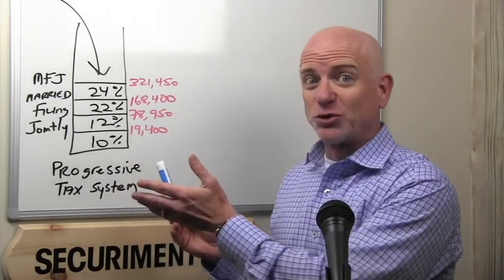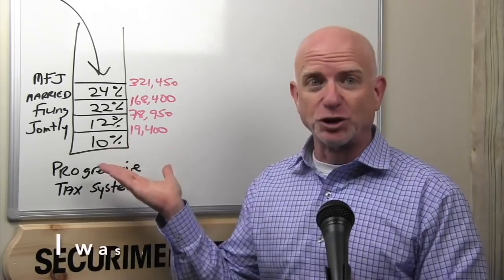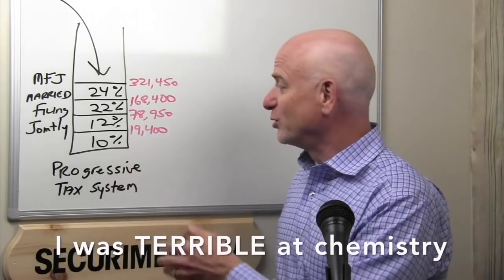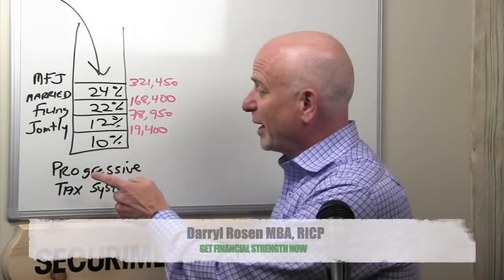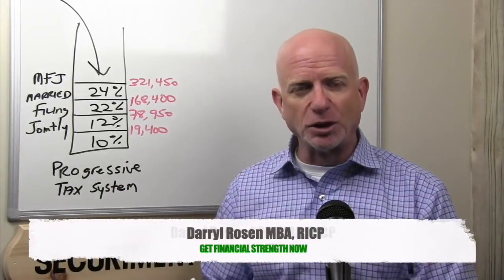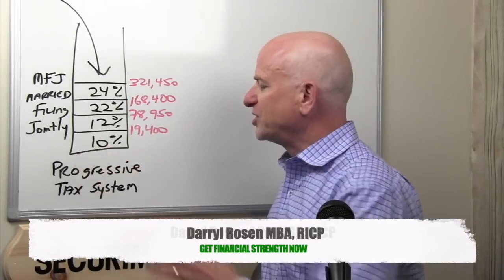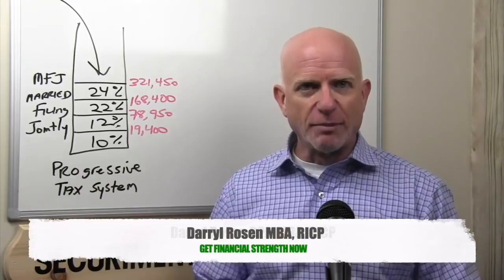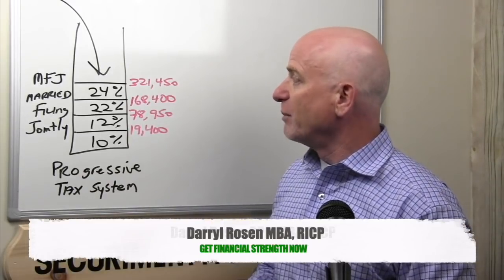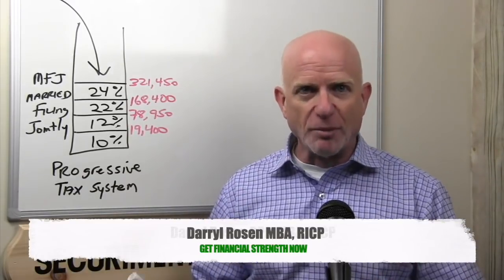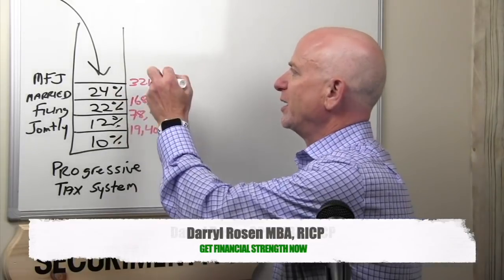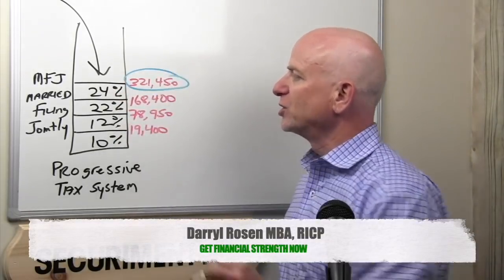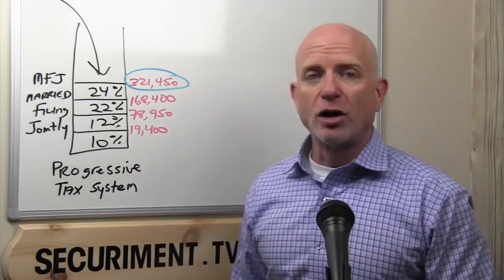This is a tax rate cylinder. You may remember this from chemistry class. I think you'll know as I start to explain it. We have what's known as a progressive tax system. We pay tax at different rates depending on how much income we have. So we pay some at 10%, some income at 12%, some income at 22%, some income at 24%. The upper limit of the 24% bracket is $321,000, so most people are below that.